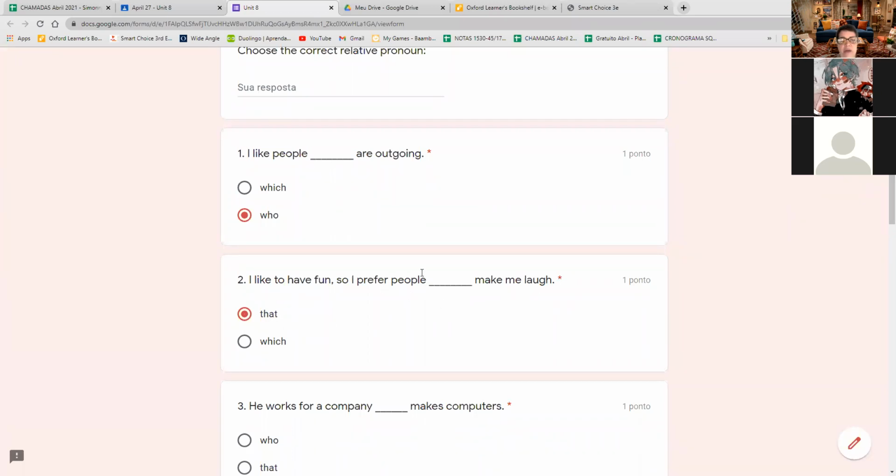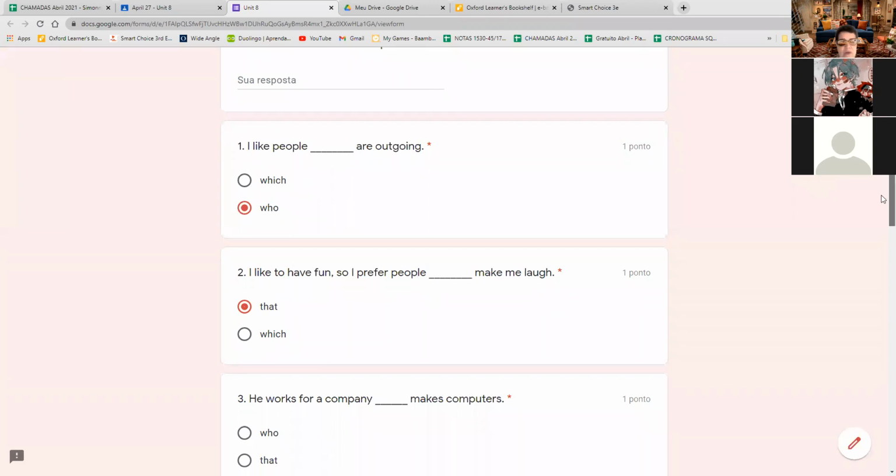Okay, so here again, I'm talking about people, so I can use who or that. Here in the options, I don't have who, so I can use that. I'm referring to people.